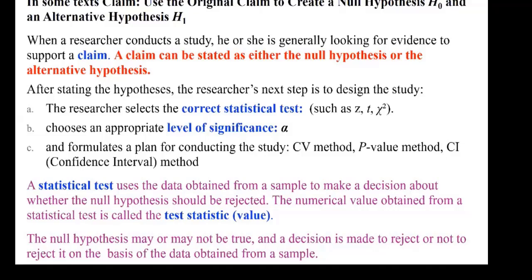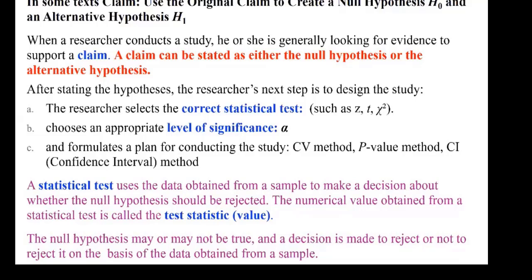The calculations involve one of those methods, the critical value method, the p-value method, the confidence interval method. And so with that in mind, we come up with a statistical test, which again depends on the nature of the question, whether it's dealing with a proportion, mean, or standard deviation or variance. You calculate that, then you compare, and you make a decision.